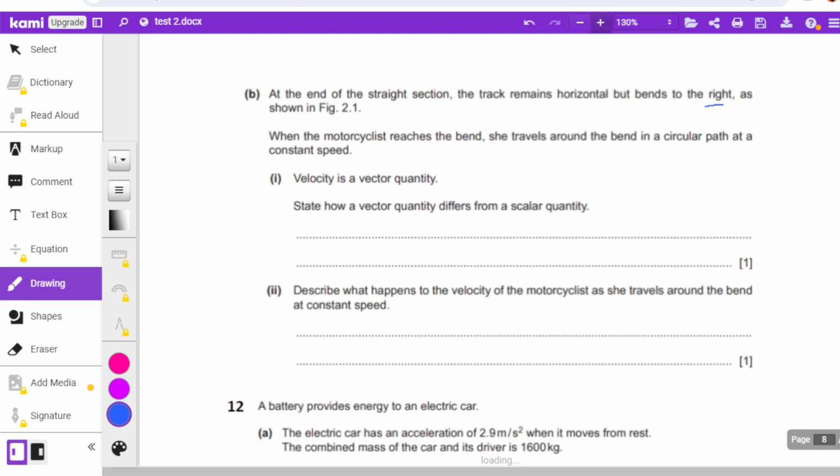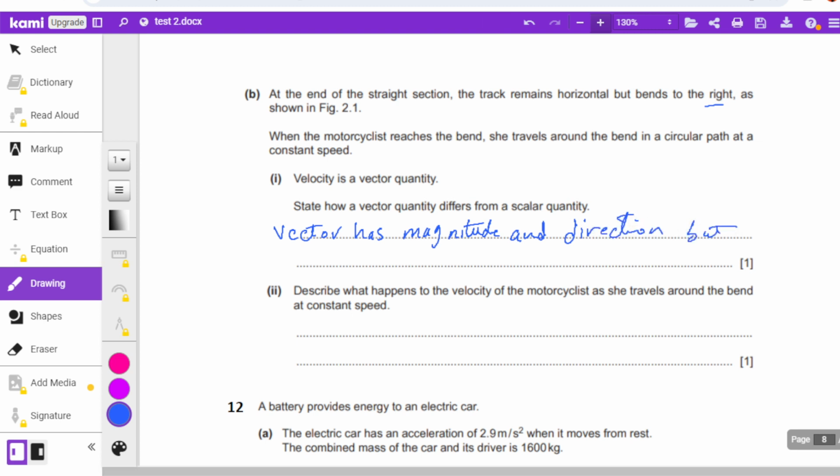All of you know that a vector has magnitude and direction, but a scalar has only magnitude.